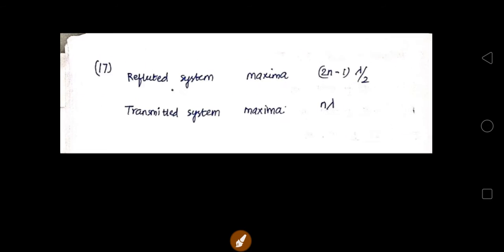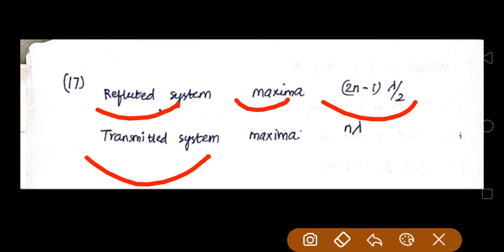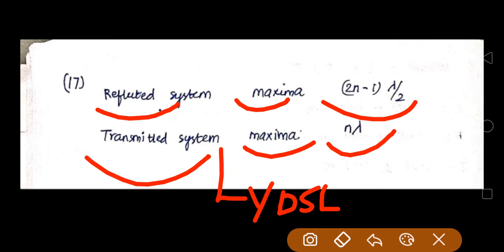Let's check. See, for the reflected system, maxima is 2n minus 1 lambda by 2. For the transmitted system, maxima is n lambda. You can even remember this from Young's double slit experiment. The maxima is n lambda.